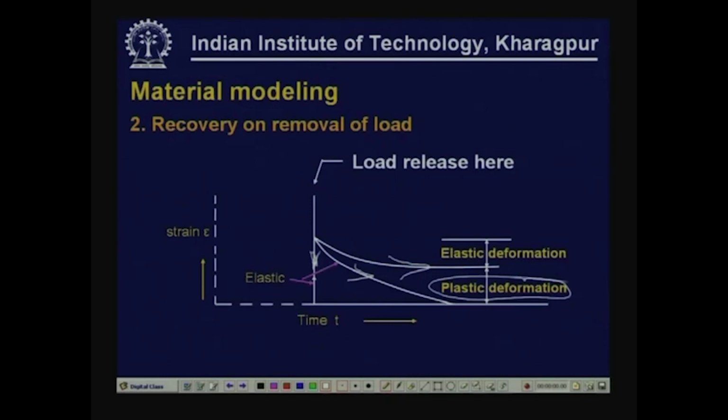The part of the deformation that is recovered is known as elastic deformation. So, this is partly elastic and partly plastic. So, we can see there are different types of materials: purely elastic, viscoelastic, and this can be considered to be elastoplastic, partly elastic, partly plastic.